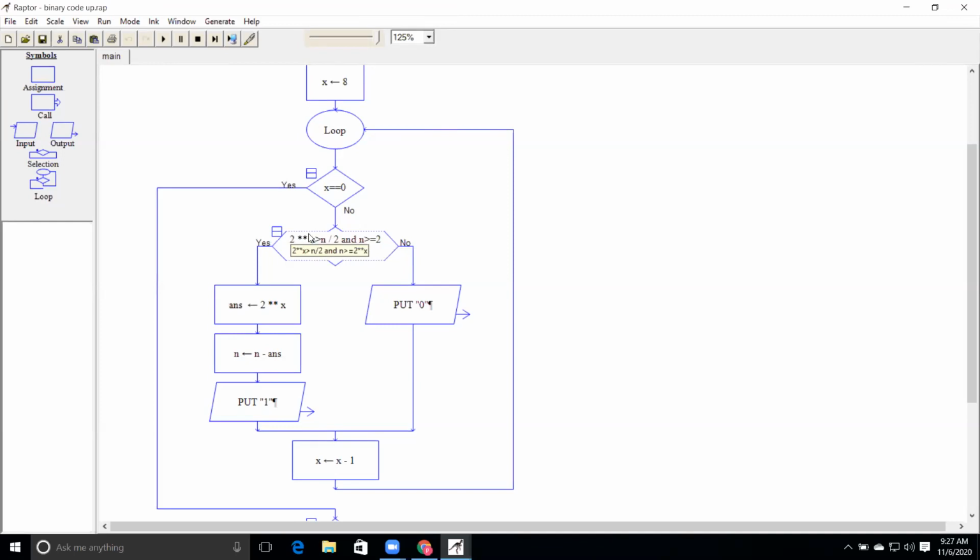So it is valid only for this, sir. If you take 2 power 5, this becomes 32 and this becomes 32.5, so the case is not valid. So it is only for 2 power 6. And one more case added is that n should be greater than 2 power x. But sir, if it is 2 power 7 or 2 power 8, it should not allow it, sir.